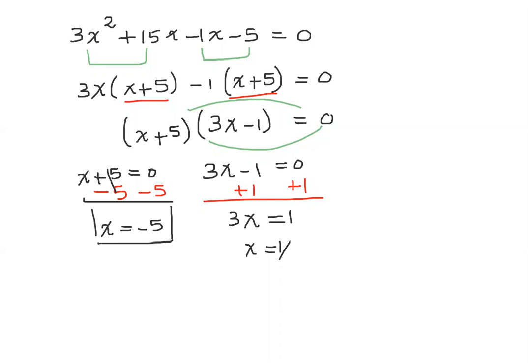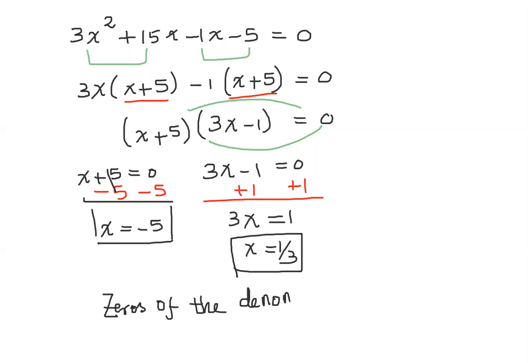These are our zeros. So the zeros of the denominator are -5 and 1/3.